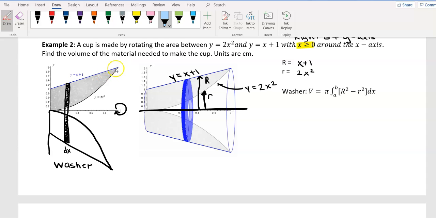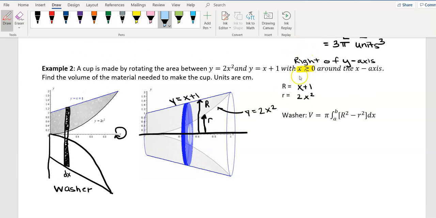Okay, so they are going to intersect. So that is going to be one of our boundaries. The other boundary was given to us when it said that we're working right of the y-axis. So we're cut off when x is equal to 0, but we need to figure out what this upper bound is going to be. So we do need to do a little bit of work for boundaries.